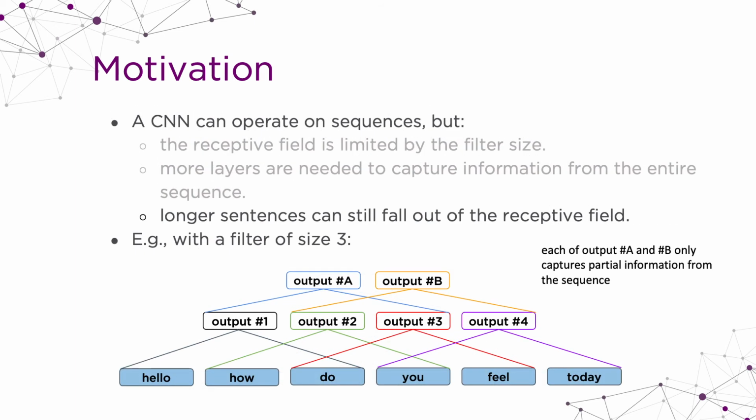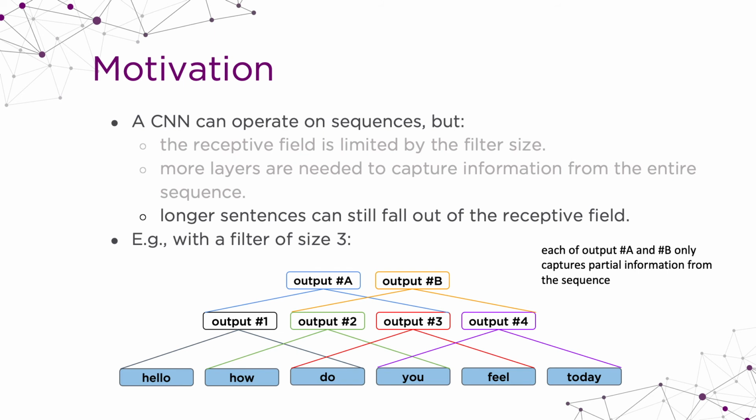Even if I add 2 layers, you see that just because I added another element to my sequence, so I need to slide one more step, I end up on the top level with 2 elements. And again, I have this problem that there is no single element capturing all the relationships from all the elements, just because the receptive field is too small for this sequence.